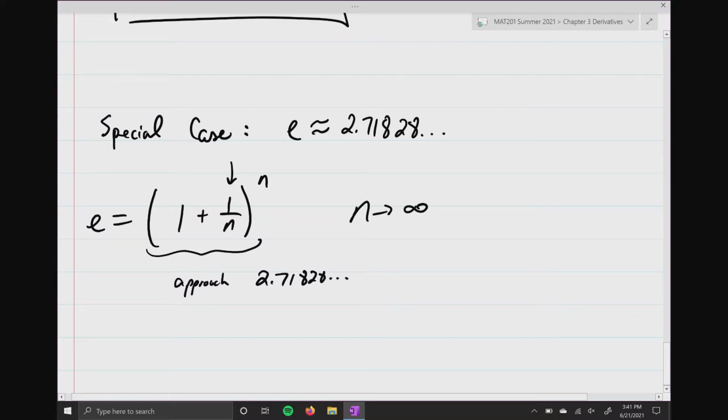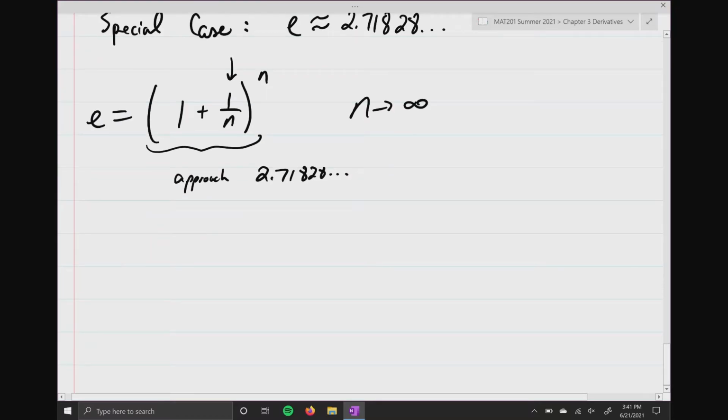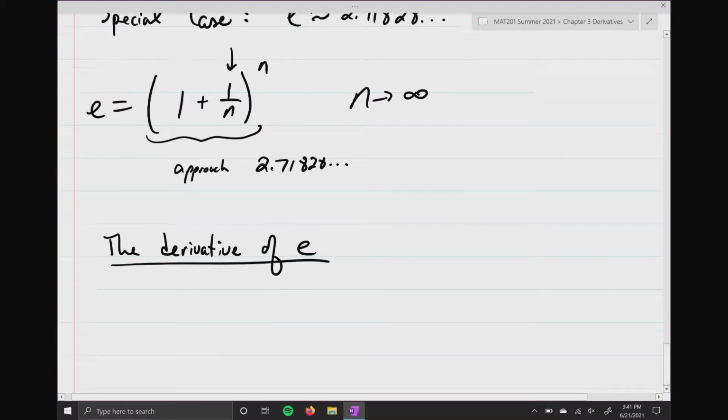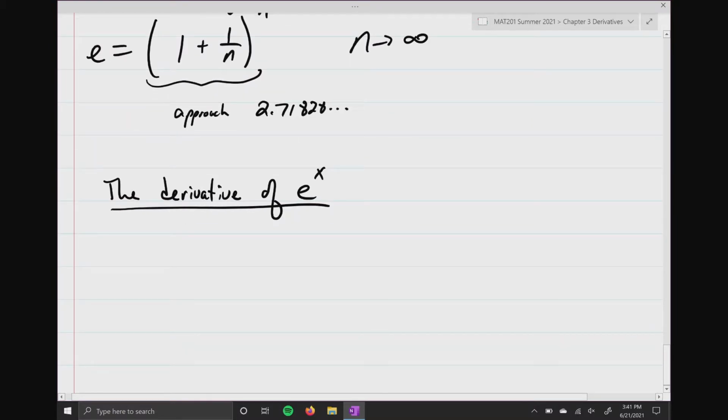So when we have the derivative of e, that's what this rule is, the derivative of e to the x.